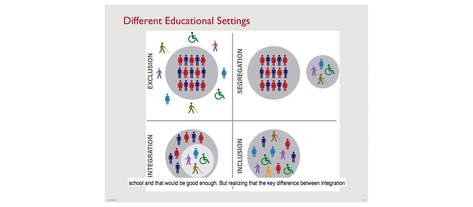But the key difference between integration and inclusion, which is the last picture, is that integration is just physically there. They just put the kids in the school. The teachers didn't get appropriate training, the materials didn't have regular adaptations. Maybe the students around them didn't know how to communicate with students with disabilities. They were just put there physically, and they thought the problem was solved.